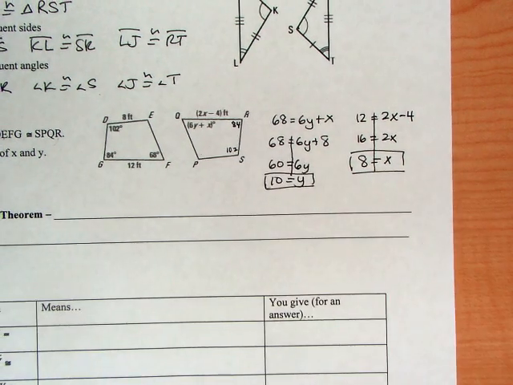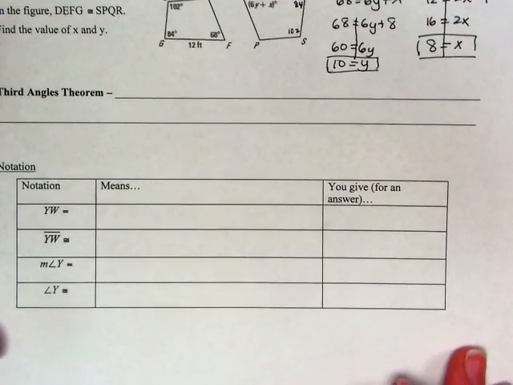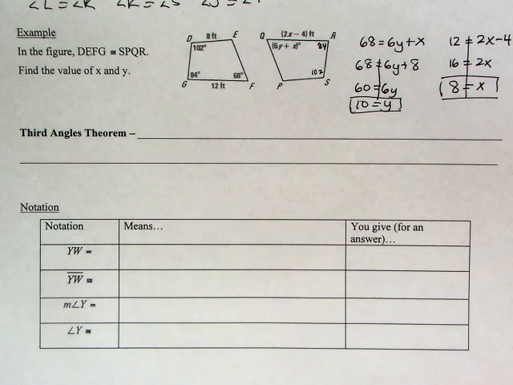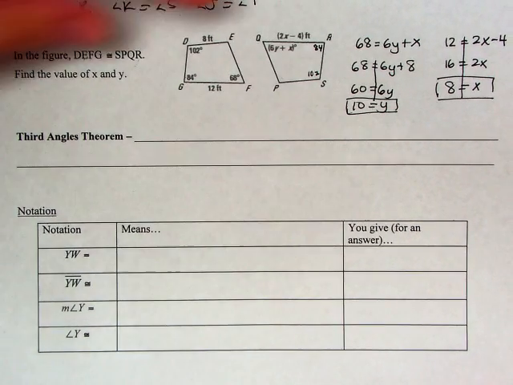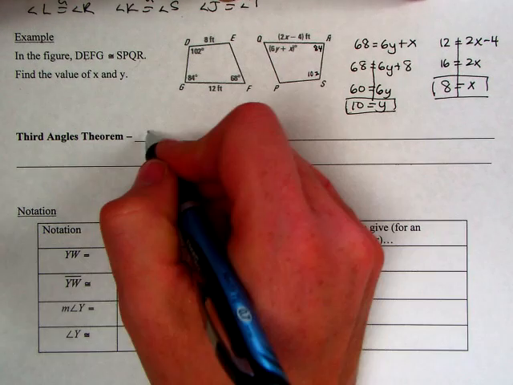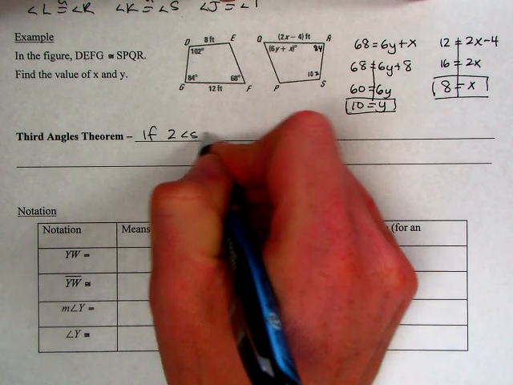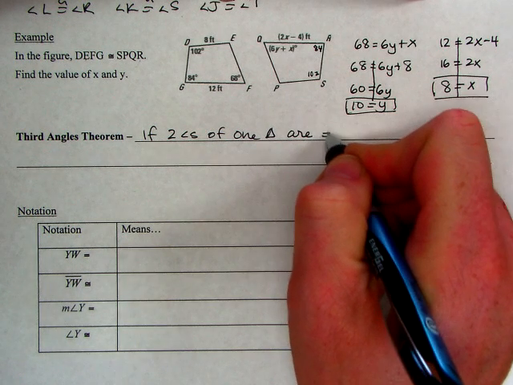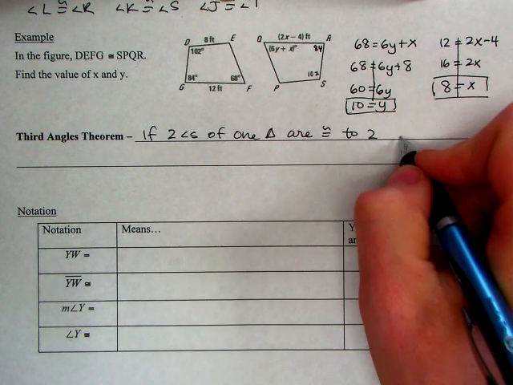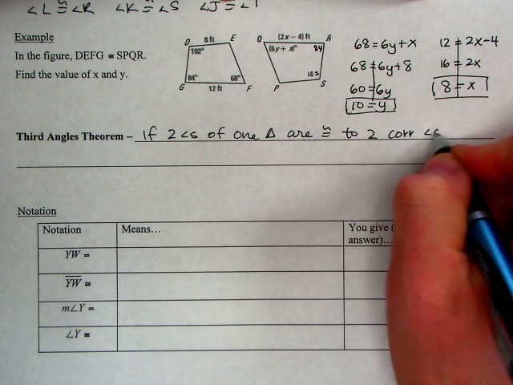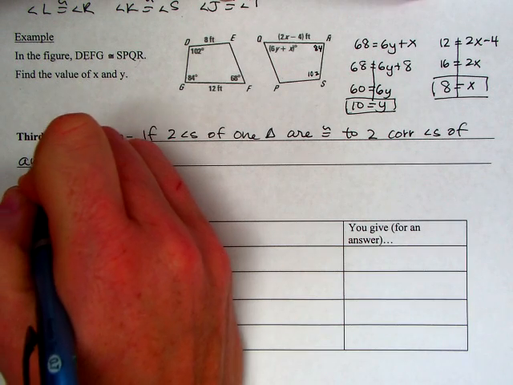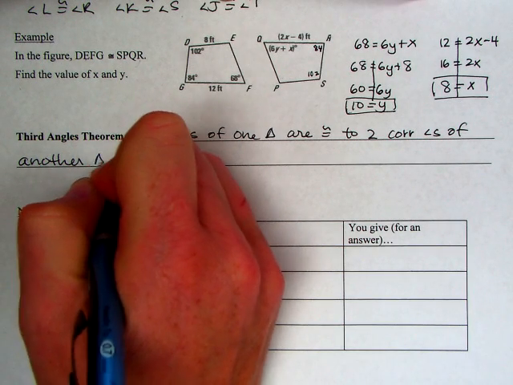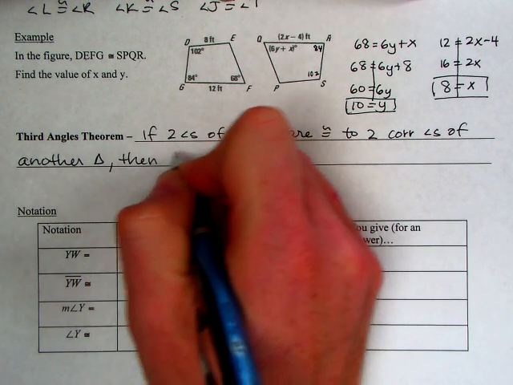The third angles theorem is something we're going to use just briefly to talk about when triangles are congruent to each other. And the third angles theorem just says that if two angles of one triangle are congruent to two corresponding angles of another triangle, then the third angles have to be congruent.